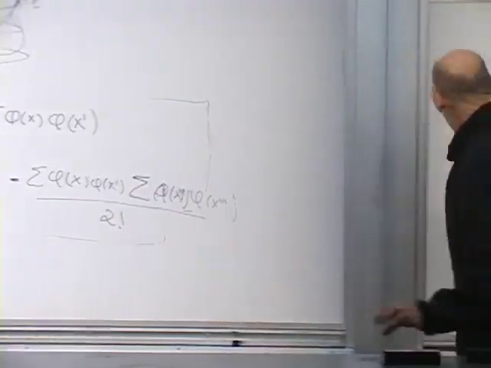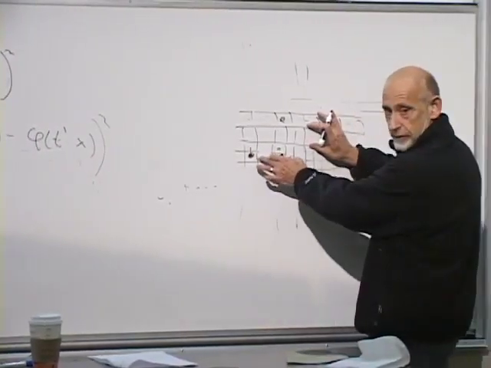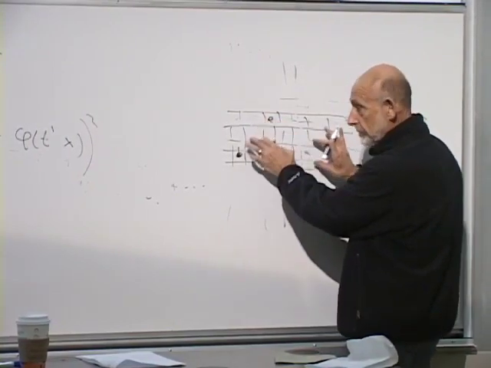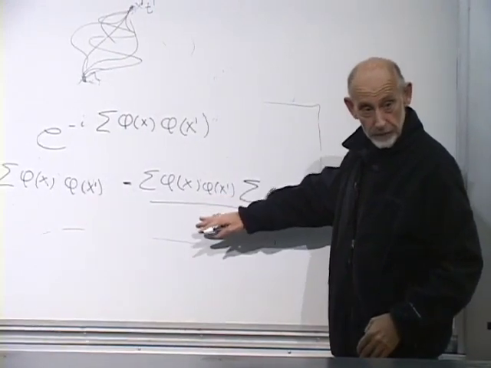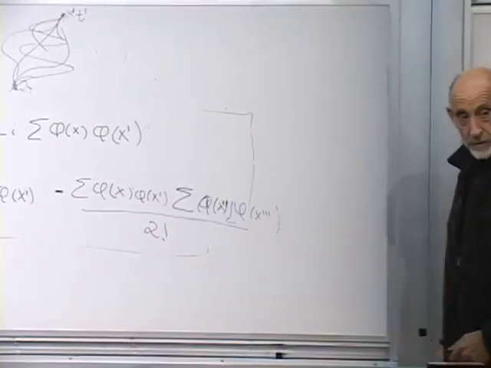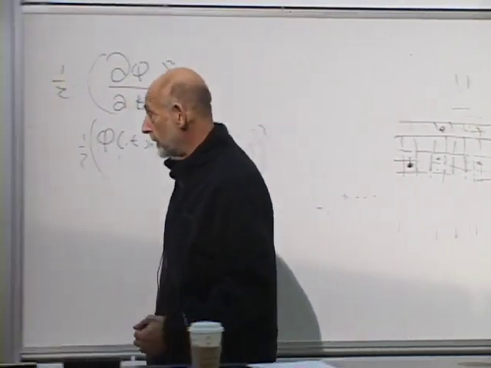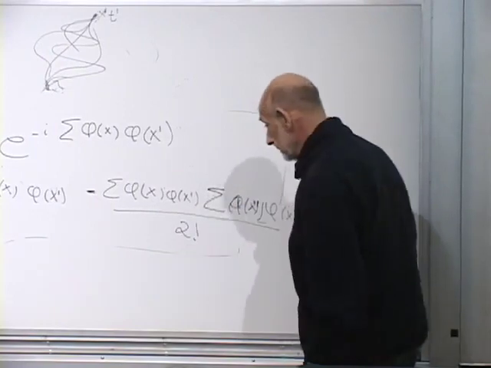It just means pick 2 neighbors and sum over all possibilities. This is a sum over all neighboring pairs. So it doesn't have to be adjacent to the first. No, in general not, but it can be. In fact, this could even be the same pair, but it doesn't have to be. Sum over all of them.